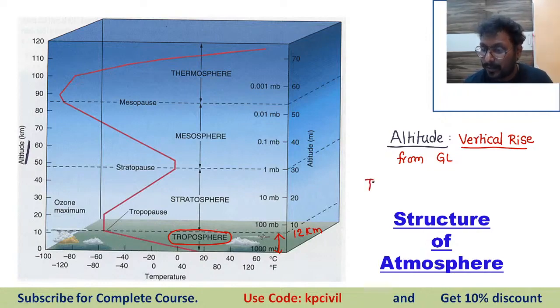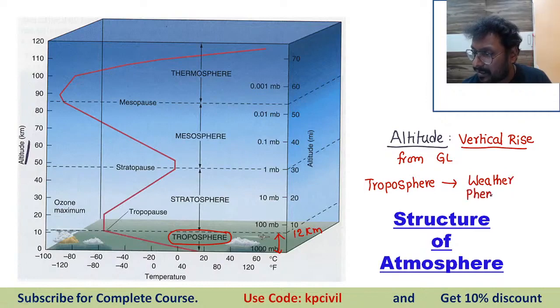And regarding the troposphere, a very important question you need to remember: the zone of the atmosphere where most of the weather phenomena take place. This question is important for your examination. The zone of the atmosphere where most of the weather phenomena take place is said to be the troposphere.